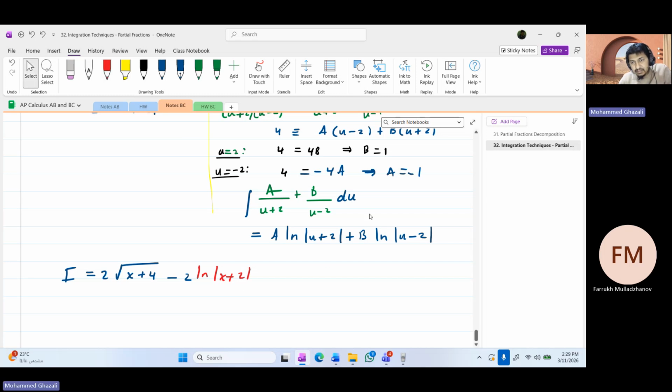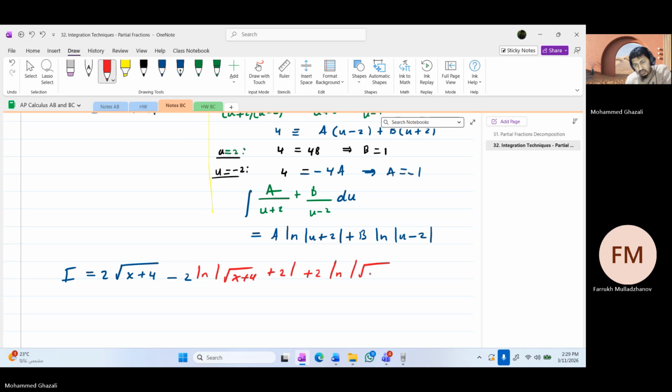And what is b? B is 1, so 2b ln u minus 2 plus c. I forgot to write down, this should be u. What's the value of u? Remember, u was root x plus 4. So the answer is 2 root x plus 4 minus 2 ln root x plus 4 plus 2 plus 2 ln root x plus 4 minus 2 plus c.